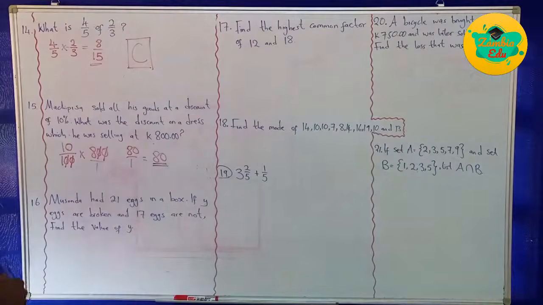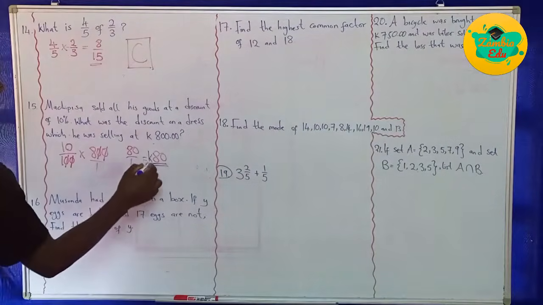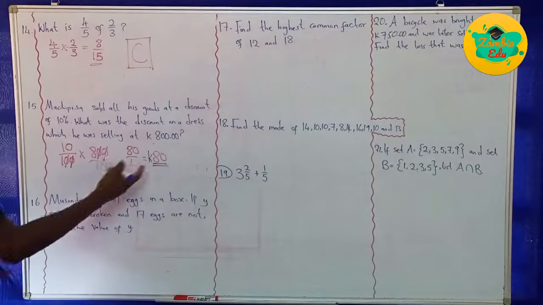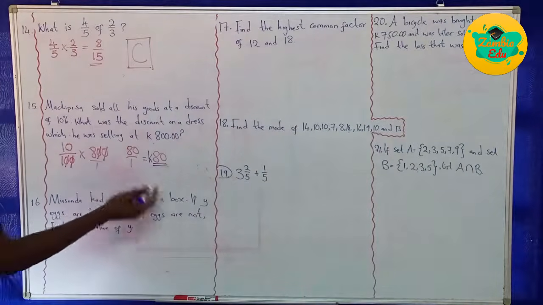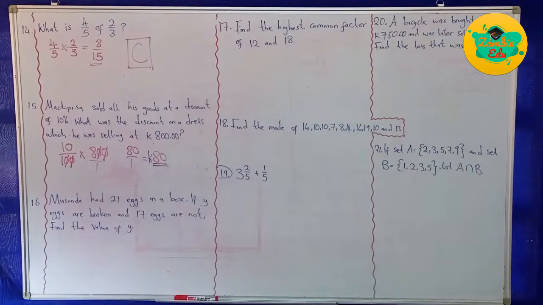So the 80 which we have found represents how much in kwacha the 10% discount was. So 80 is our answer. We move on to question 16.